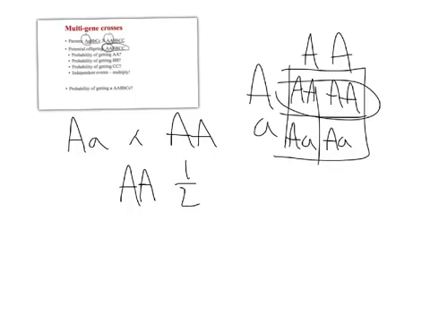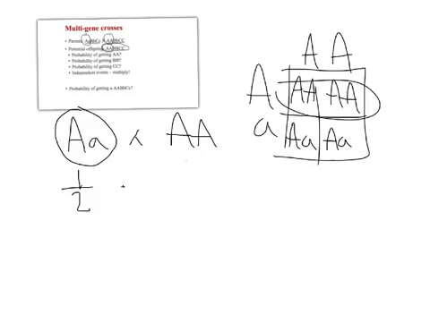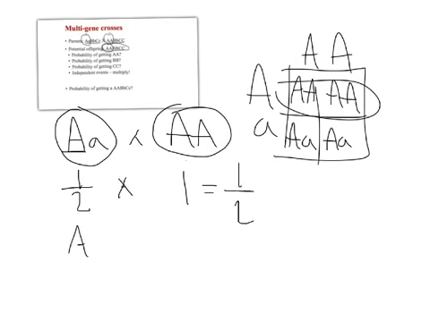The other thing you could do is use your rules of probability. So let me get my eraser here. I know this parent has a 1/2 chance of donating a big A, which is what I want if my child's going to be big A, capital A. And this parent has a 1 out of 1 chance of donating a big A. Because these are independent events, I can multiply them together, and I can say that the probability of my child being big A, big A is 1/2.